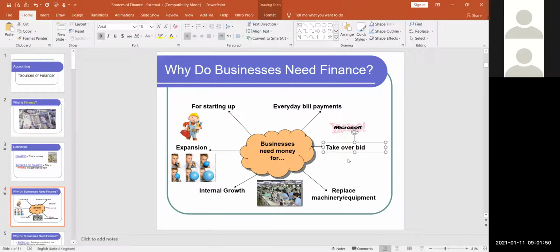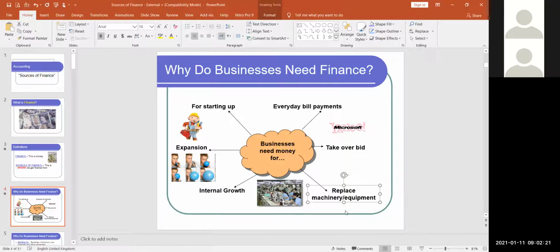Then take over a bid. So we might buy a new company. So Facebook bought the application WhatsApp. It paid like $19 billion. So this is the meaning of take over bid. When a company is buying another company, this company needs a certain amount of money to buy the other, right? Replace machinery or equipment.